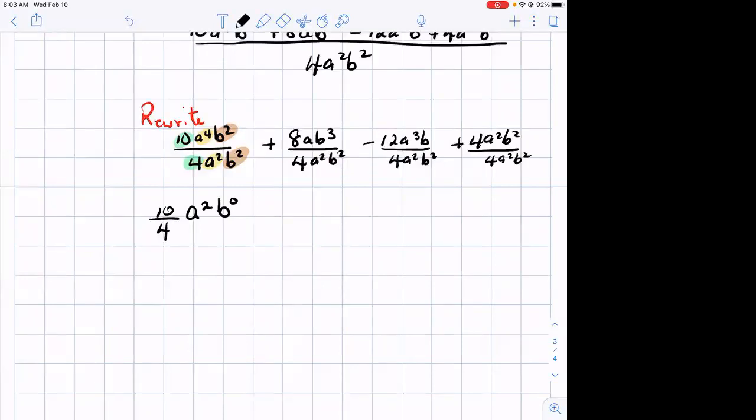Then we have a positive 8 divided by 4, so that leaves me with positive 2. Now be careful here. We have a to the 1 power divided by a squared, right? Keep in mind, there is an invisible 1 there.